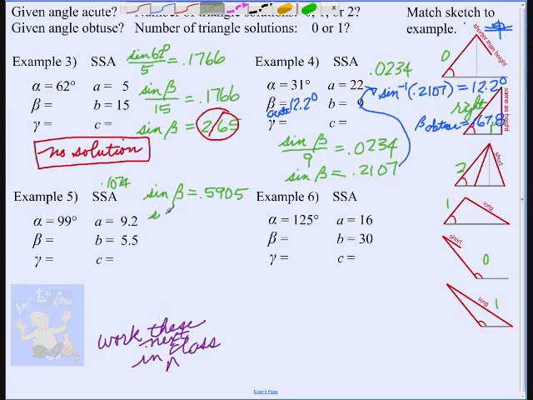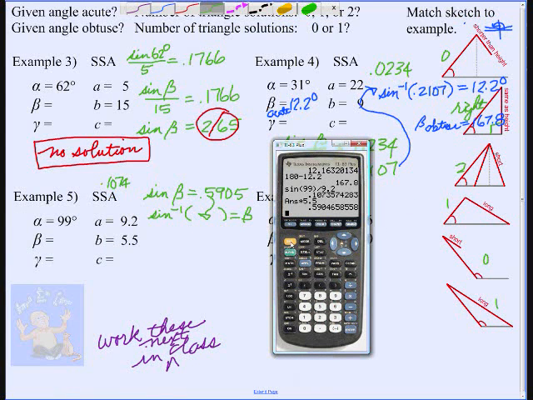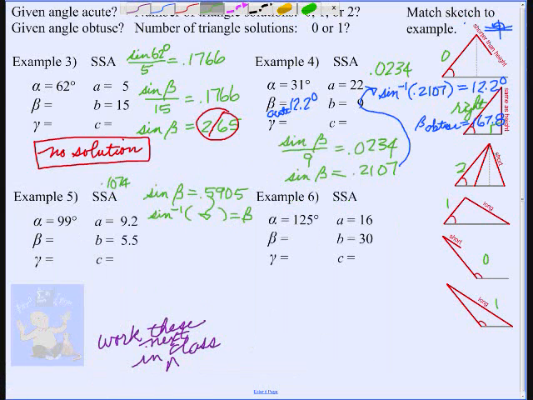So we're going to do arc sine of this ratio to figure out what beta is. Arc sine of 0.590465, etc. is 36.2 degrees.